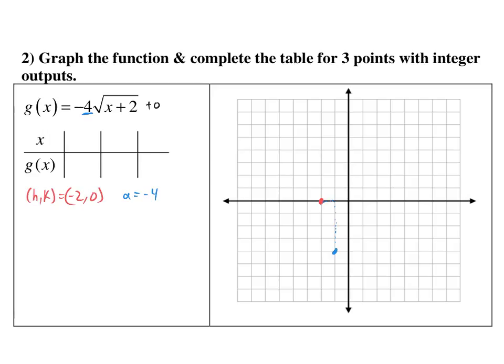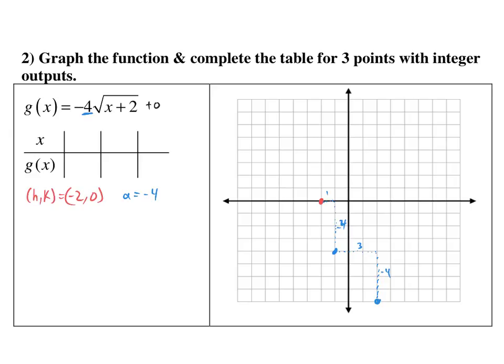Now there's another trick to get more points: I go over 3 and down your A value, again negative 4. Oops, sorry, that should be negative 4. So there's my other dot.